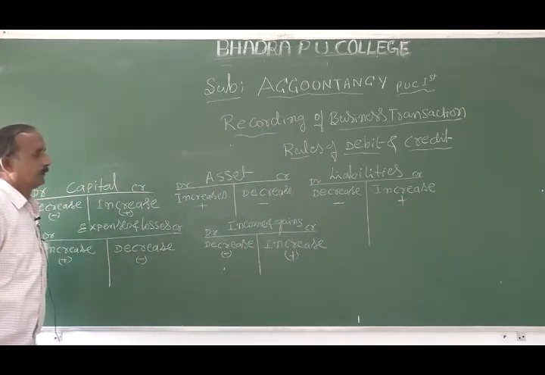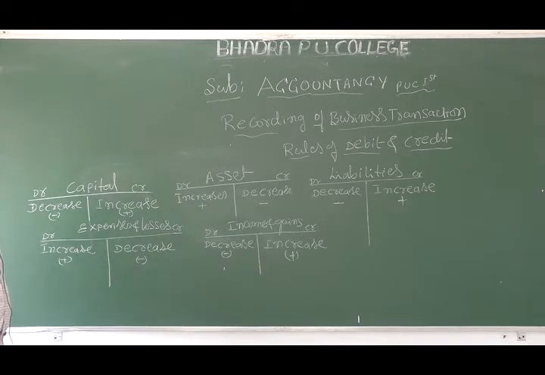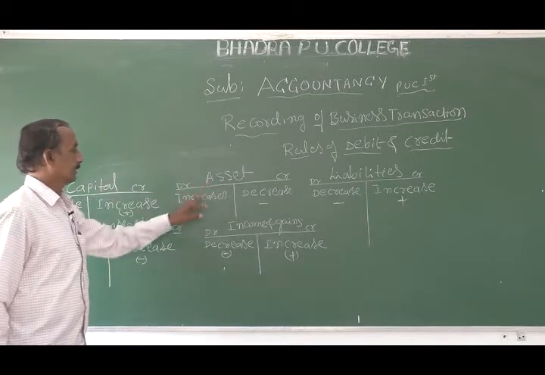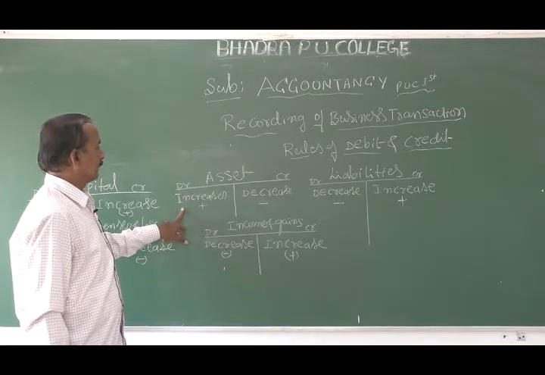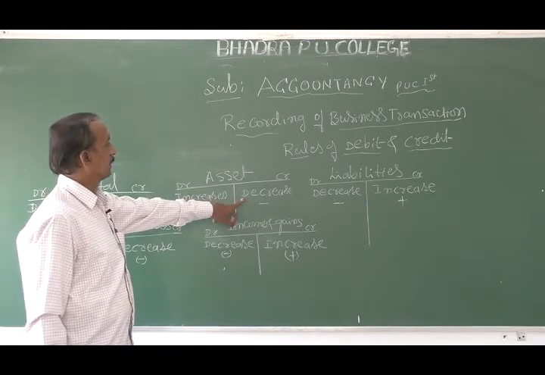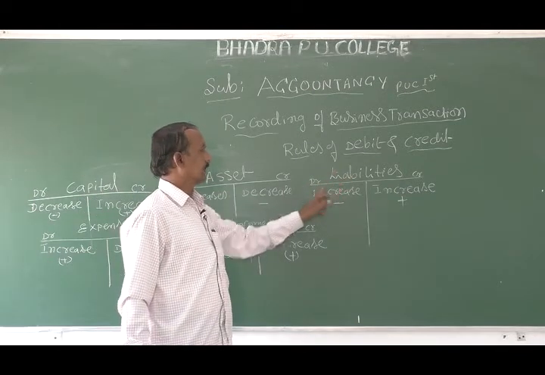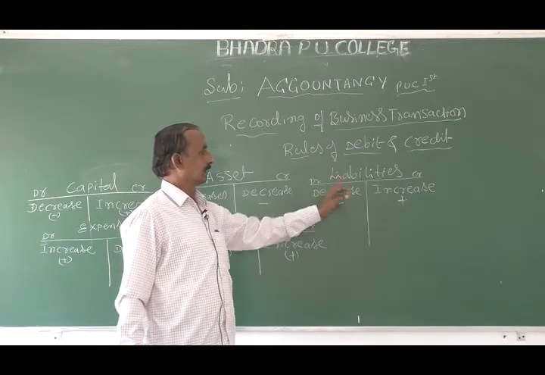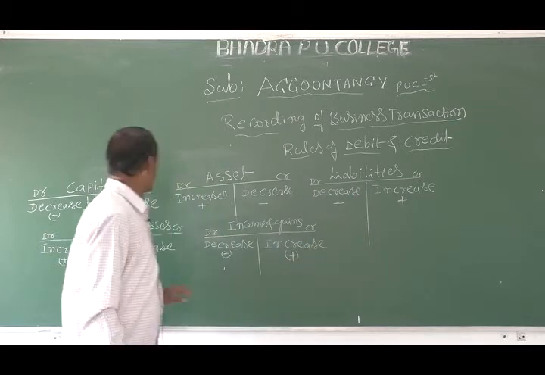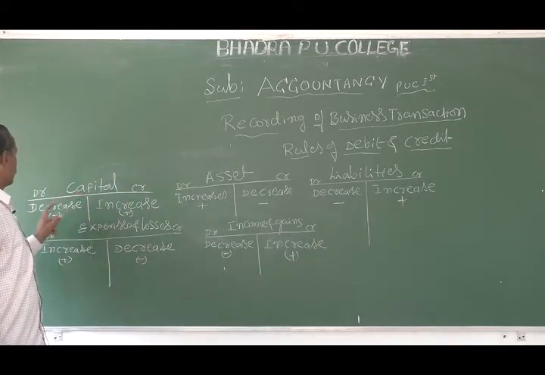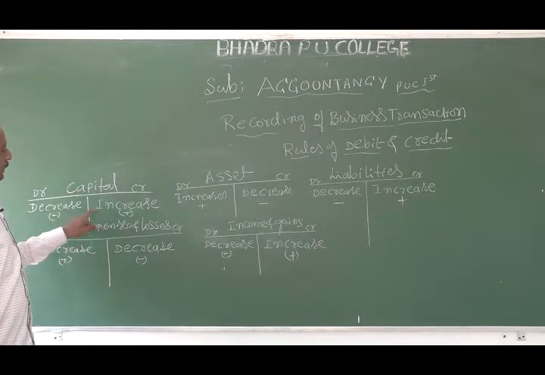These are the rules according to the American system of accounting. Asset: debit increases the asset and credit decreases the asset. Liabilities: debit decreases, credit increases. Capital account: debit decreases, credit increases the capital.